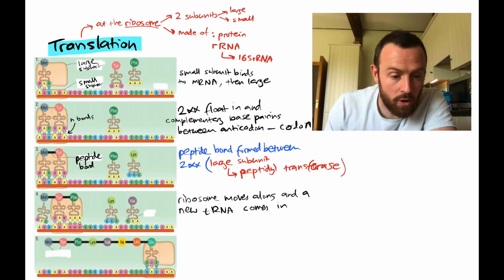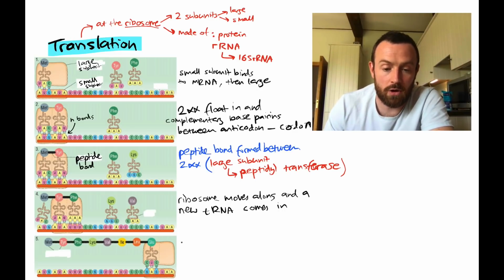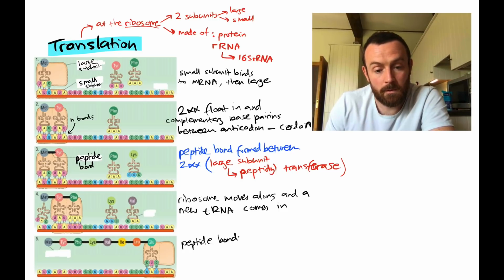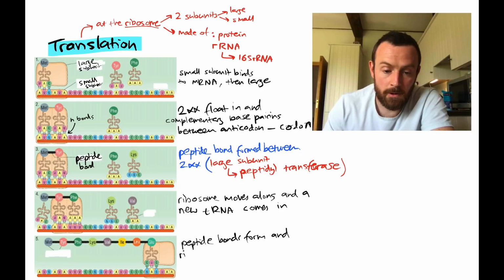Again, here we can see that complementary base pairing between this next tRNA with its amino acid attached. We get another peptide bond formed, and it keeps moving on. So peptide bonds form, and the ribosome moves along.